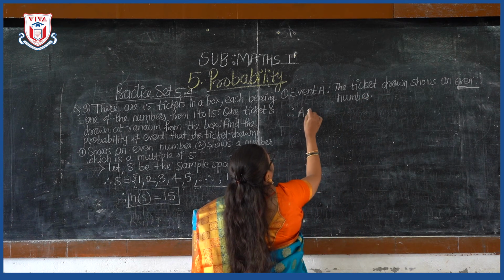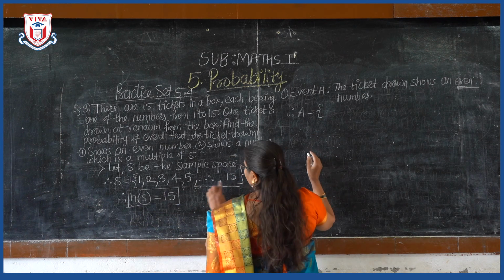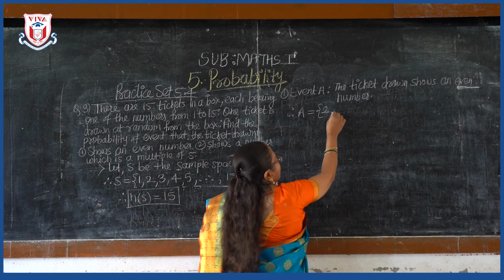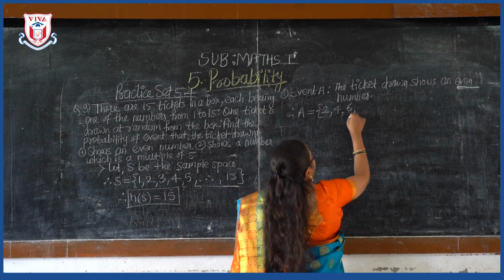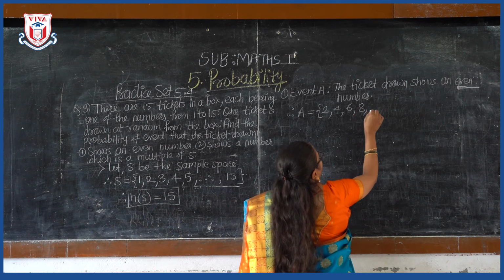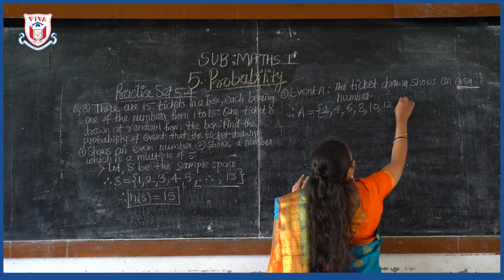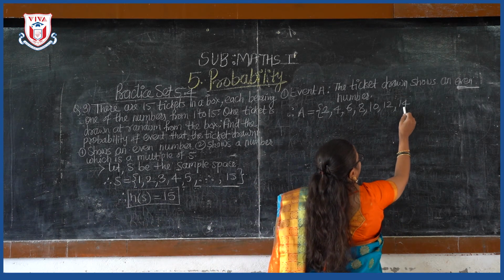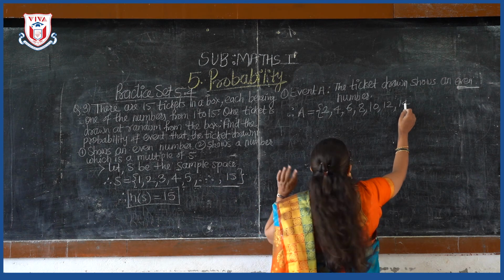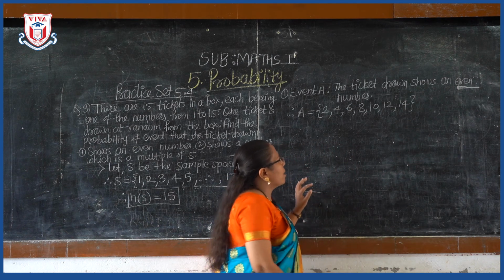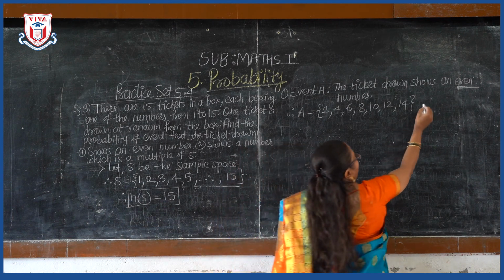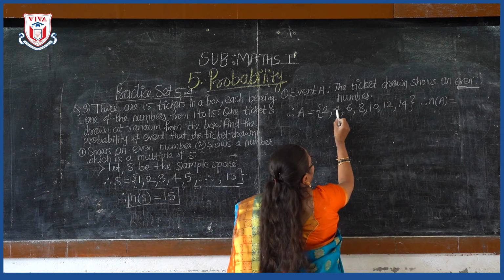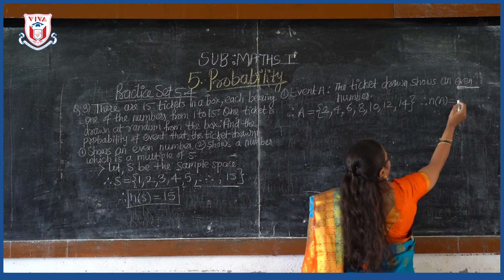Therefore, A is equal to, from 1 to 15 we have to write all even numbers. So first even number is 2, then 4, okay, 2, 4, 6, 8, 10, 12, 14. After 14, 15 is there, but 15 is not even number. So write up to 14. Therefore, n of A is equal to 1, 2, 3, 4, 5, 6, 7.